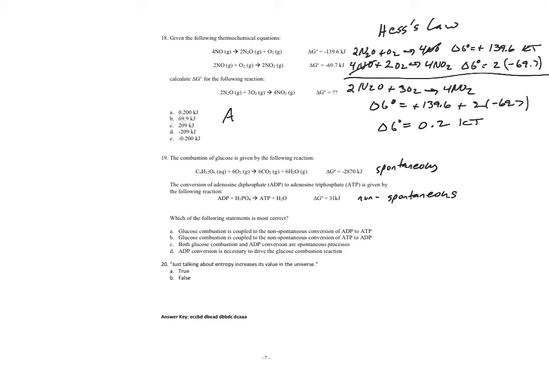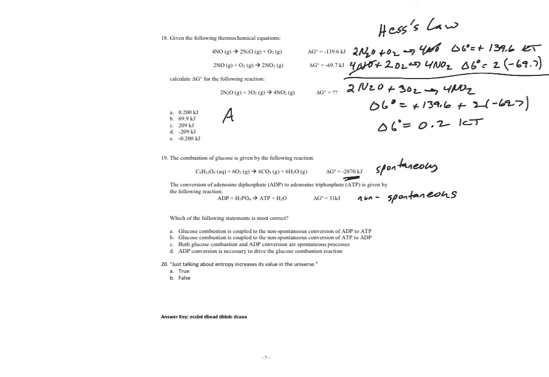What has to happen is this reaction is coupled to all of this energy that we release by the combustion of glucose. So I can convert a lot of ADP to ATP from all of this energy. In the old days, delta G was known as the Gibbs free energy. And what that free term means is if you had a negative value here, this is the amount of energy that's free to be used by other processes.